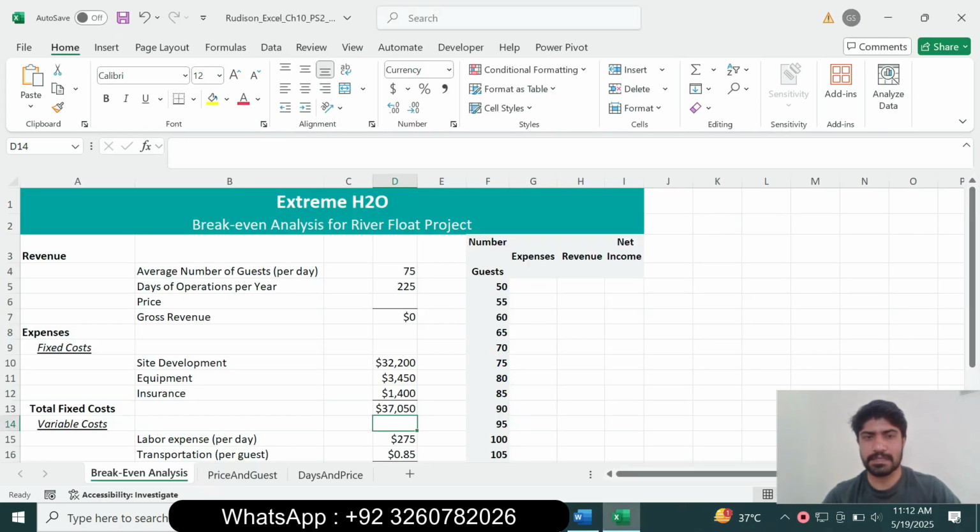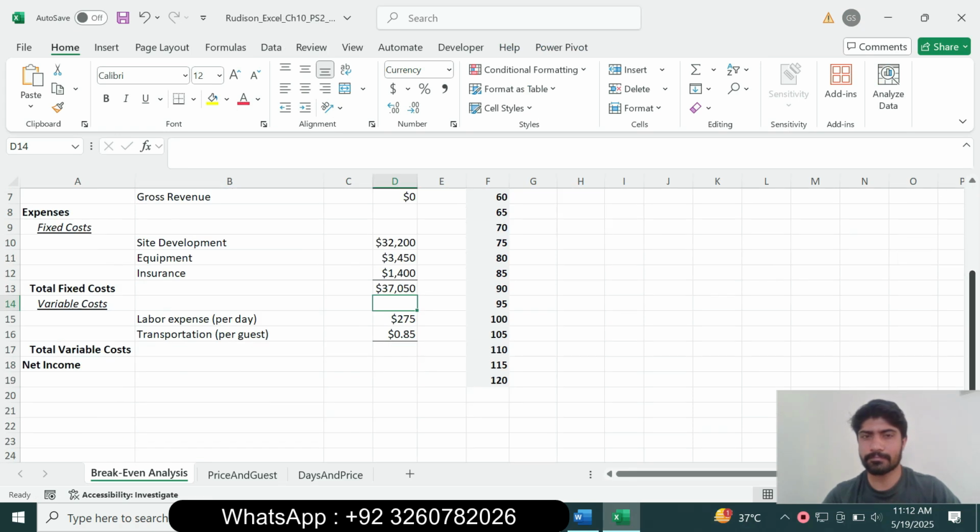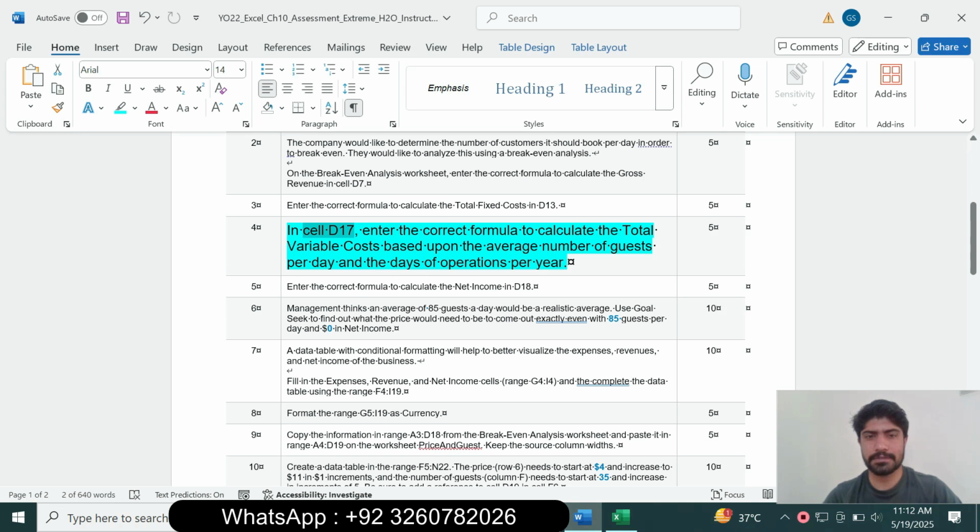So select the cell D17 and enter the correct formula to calculate the total variable cost based upon the average number of guests per day and the days of operation per year.